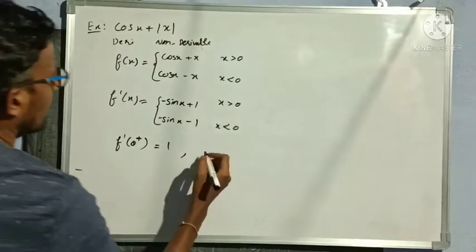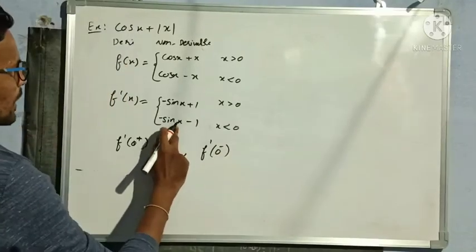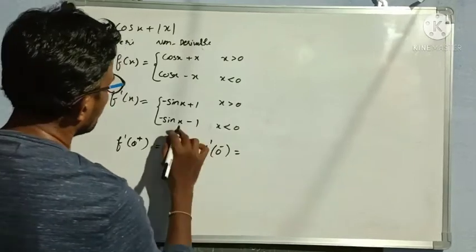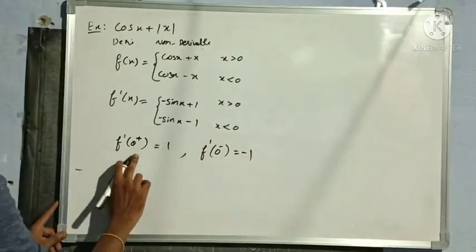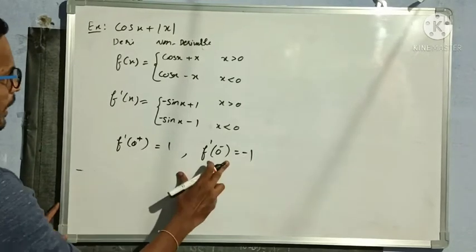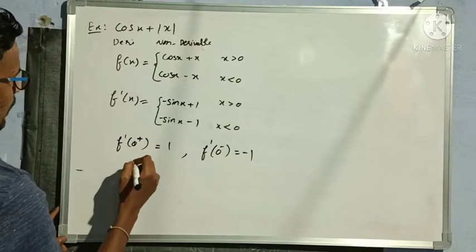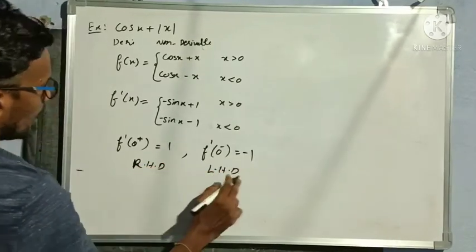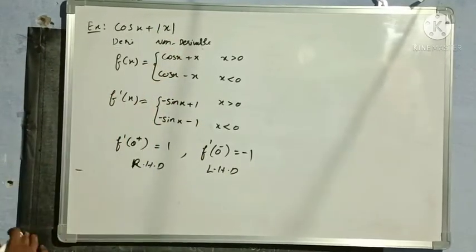And f dash of 0 minus: sin 0 is 0 and minus 1 is minus 1. So here f dash of 0 plus is 1 and f dash of 0 minus is minus 1. So this is RHD and this is LHD. Here LHD is not equal to RHD, so our function is non-derivable.